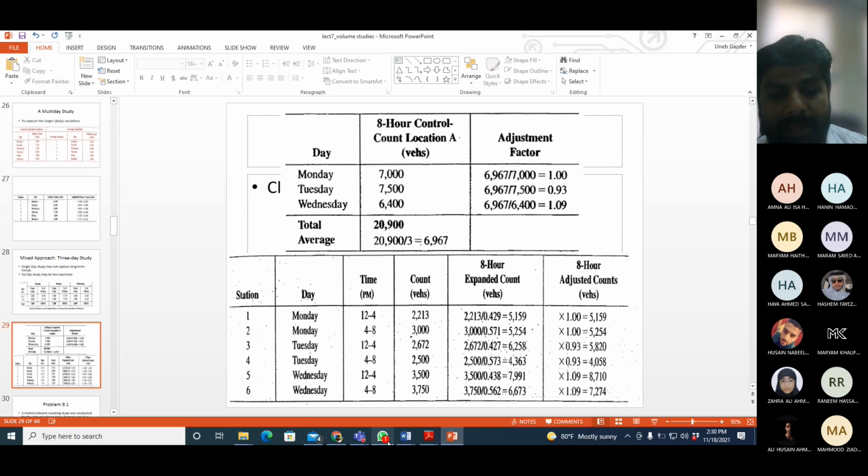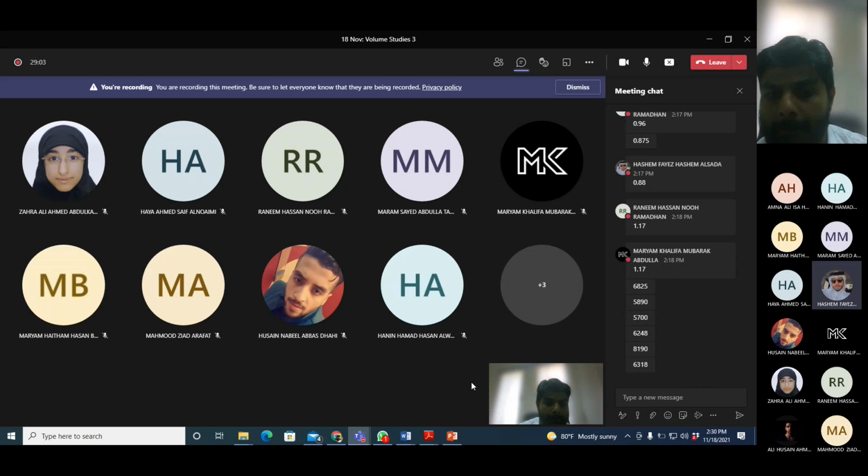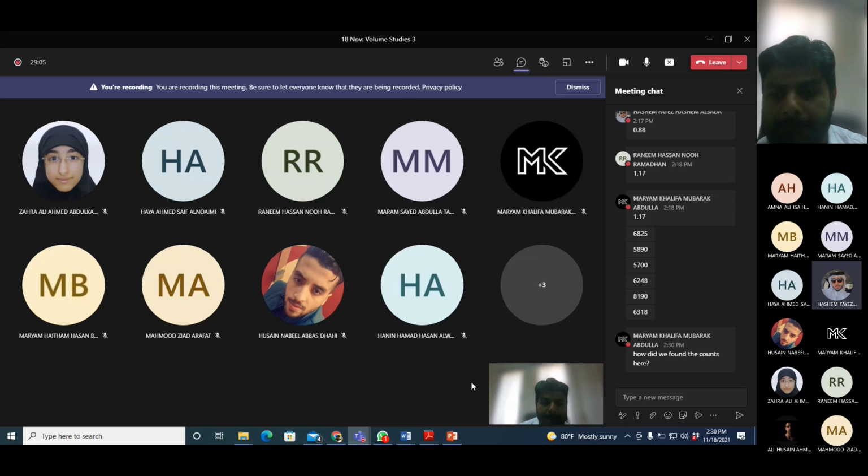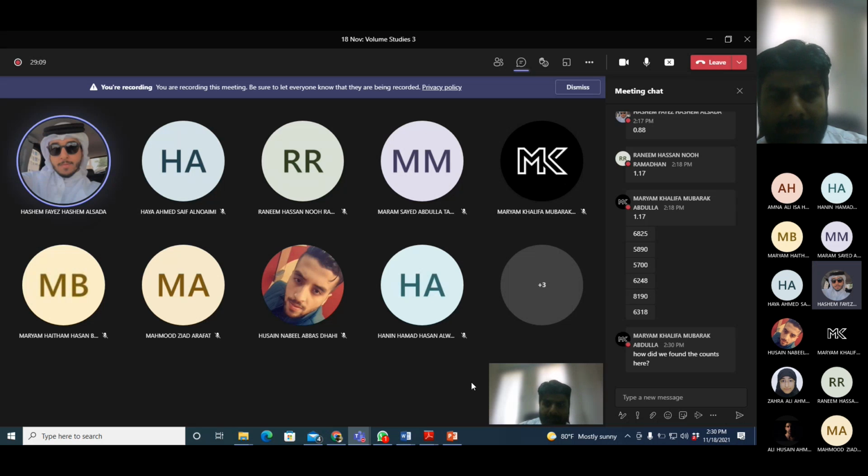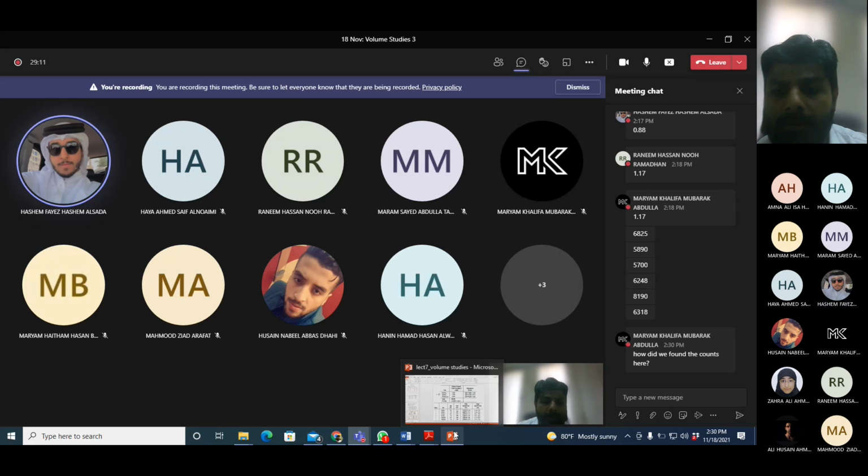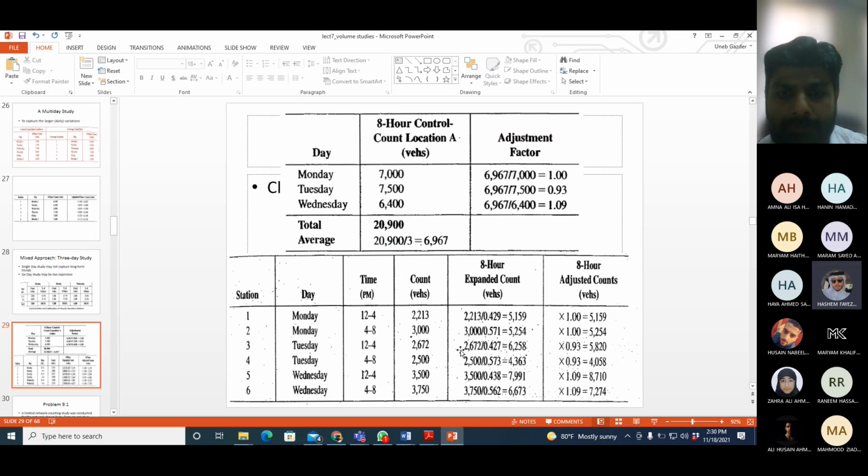Any questions? Any questions from anyone? Doctor, I have a quick question. The count of vehicles, is it from the table? Is it given or adjusted from the previous table? Which one? In this table? Yeah, this count. This is coming from the field. So it's given. This is what you have observed.